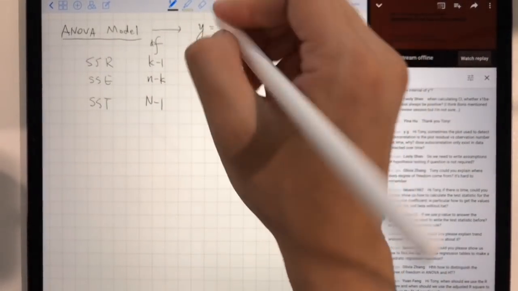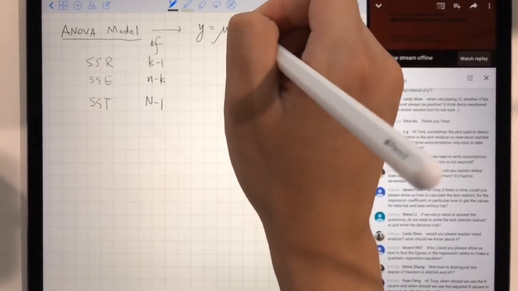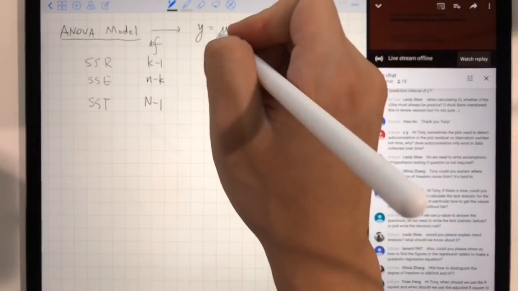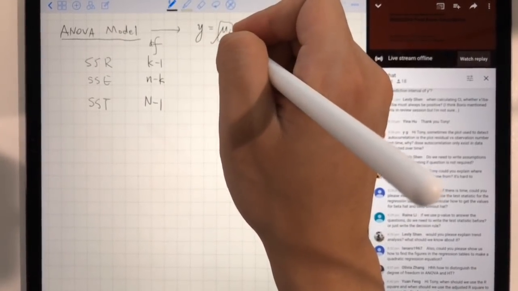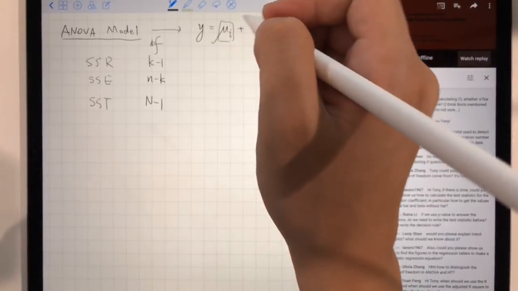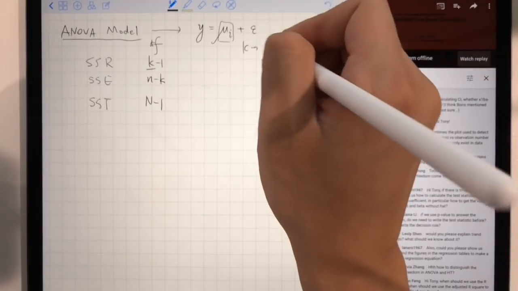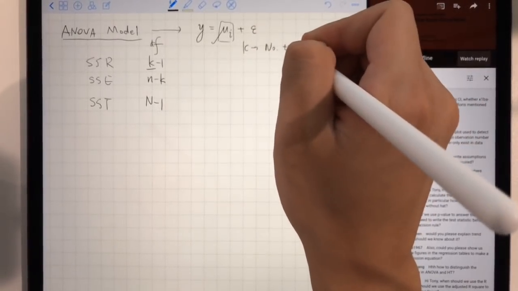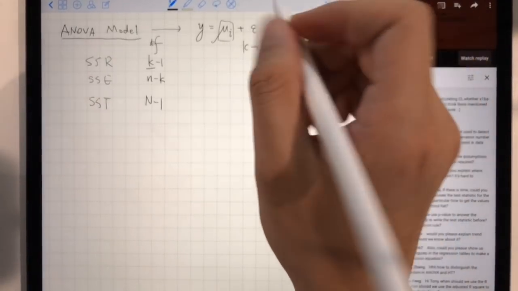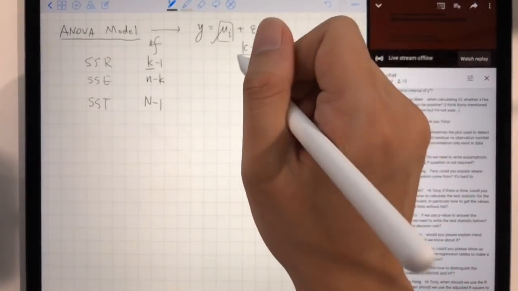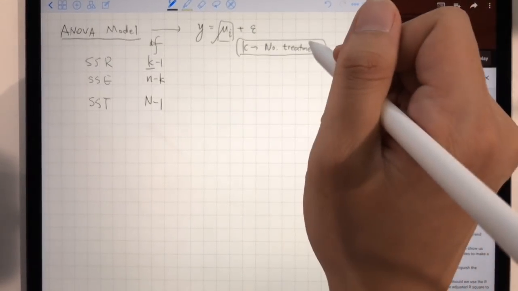So in the ANOVA model, the model is actually y equals mu i plus epsilon, right? Mu i means the ith population mean, is that right? So in this model, k is the number of what? The number of treatments or the number of groups, right? Now pay attention, I'm asking you a very hard question, okay?